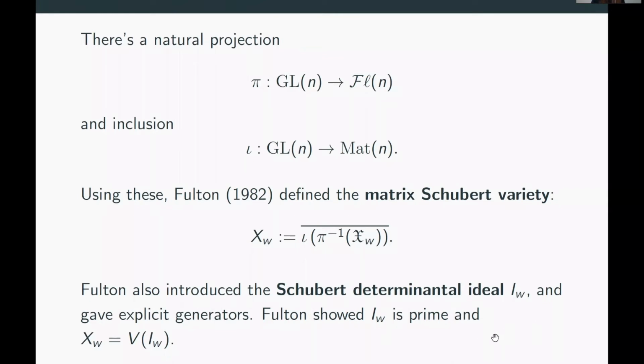So not only are these generators set theoretic, but they're describing this scheme theoretic behavior. And also, indeed, the matrix Schubert variety is the vanishing locus of this ideal. So I'm not going to get into the coordinates and everything of this. I'll show you examples later.